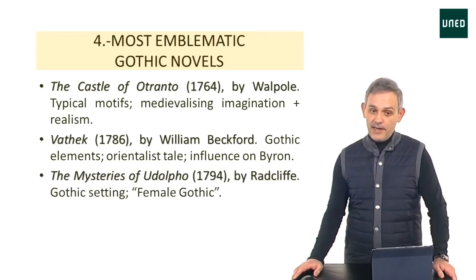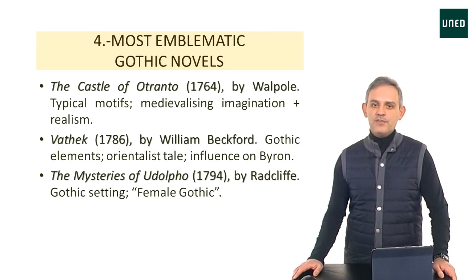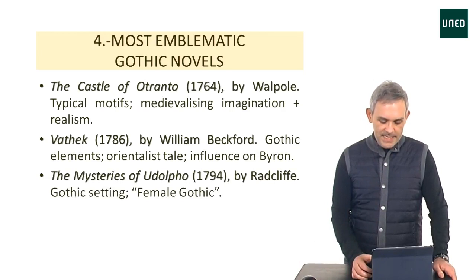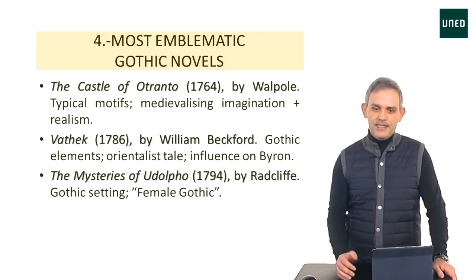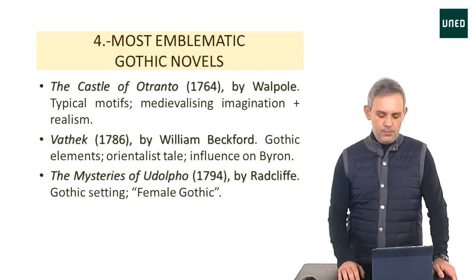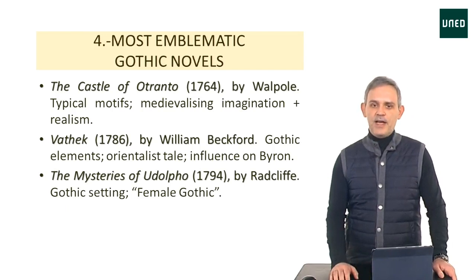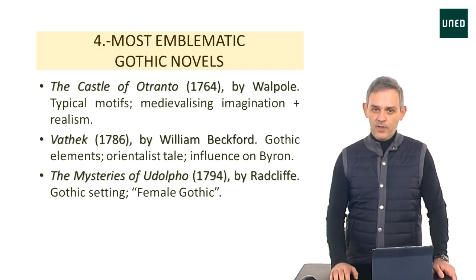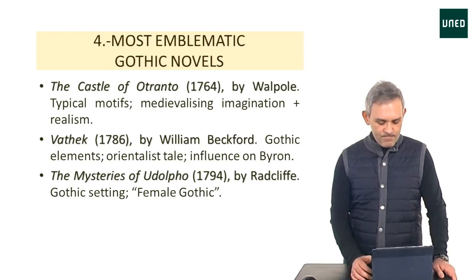Next, we have Radcliffe and The Mysteries of Udolpho, 1794. It is set in southern France and again in Italy, and Radcliffe's portrayal of Italy is strongly picturesque and influenced by the work of an Italian painter called Salvator Rosa.